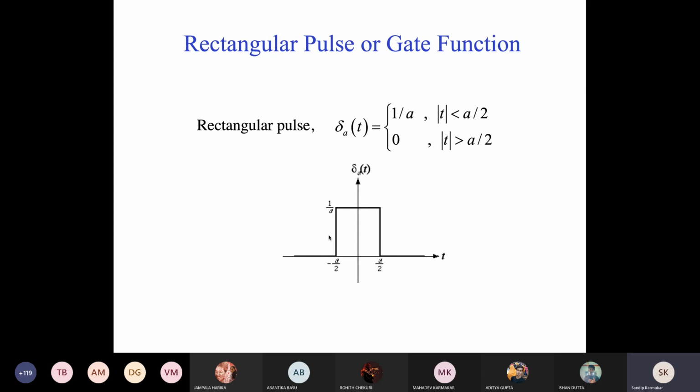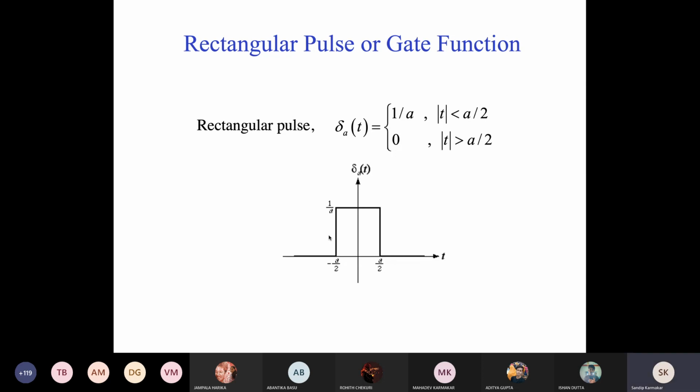So within half A on the plus side and minus side, the value is 1 by A. It is 0 otherwise. And at the edges, the value is undefined. So it is plotted like a rectangle, like a rectangular pulse, as you can see in this picture.